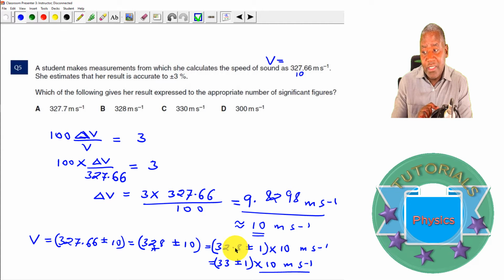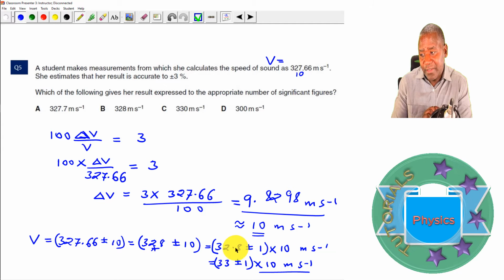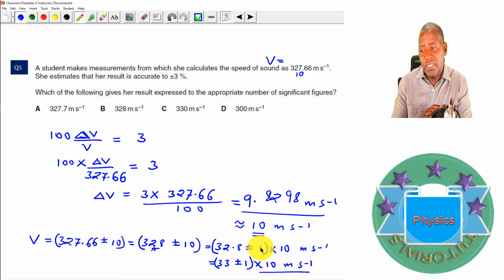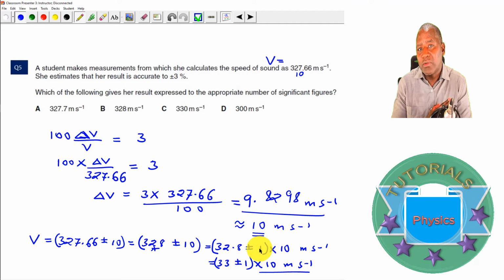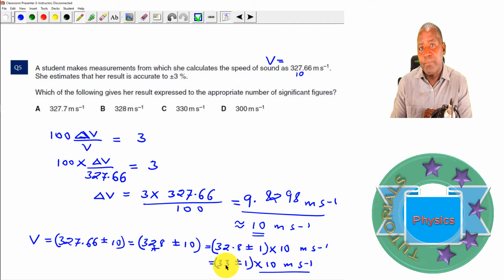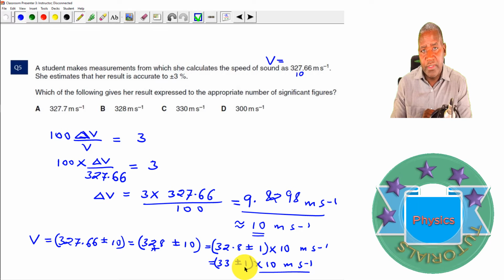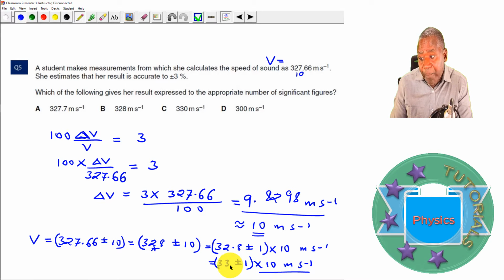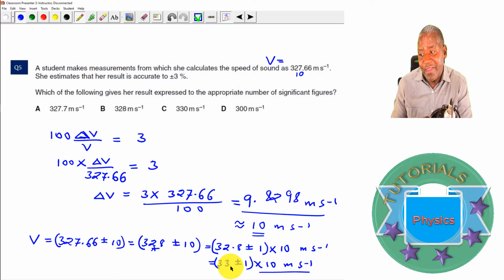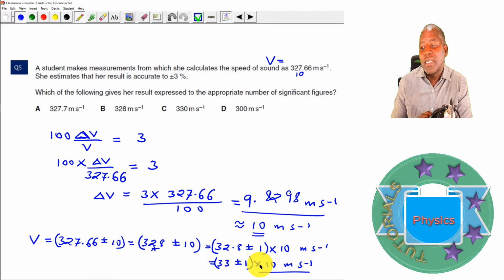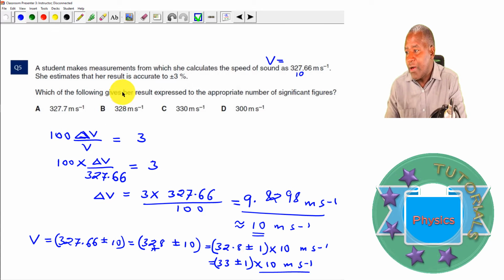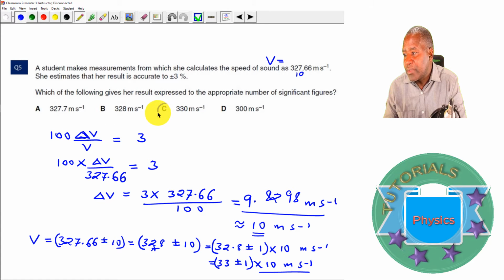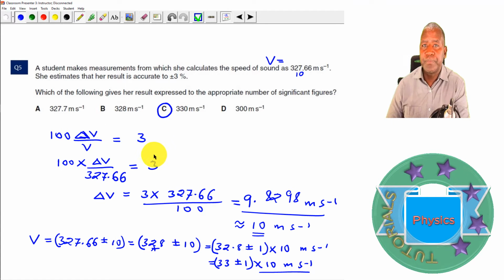Any other digit after that digit is insignificant and it is not worth writing down. So you round up your value to be this. So if now I open this, it will be 330 plus or minus 10 meters per second. And that is how our answer becomes C.